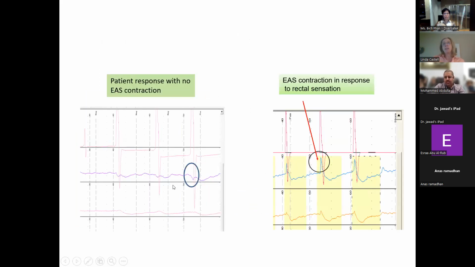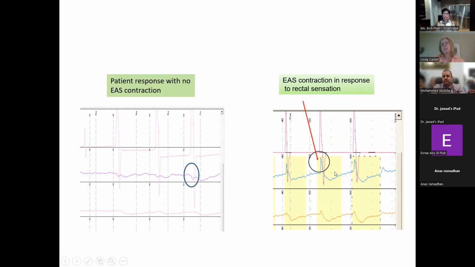If your patient has poor rectal sensation, and we're going to do sensation coordination exercises with them, then we show them, I'm inflating the balloon here. What you should be doing when that balloon is inflating, you should be squeezing and you should feel this. And you're not feeling this rectal inflation.